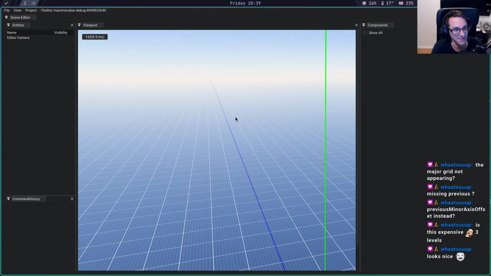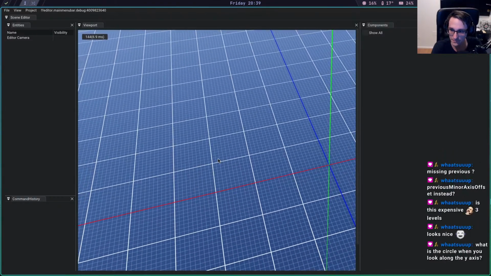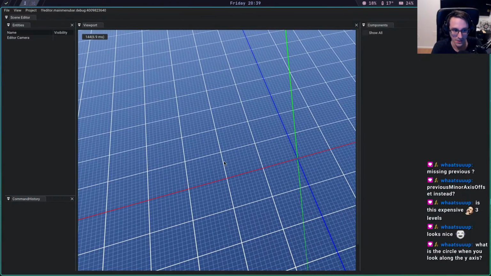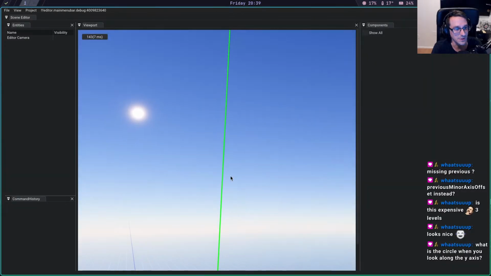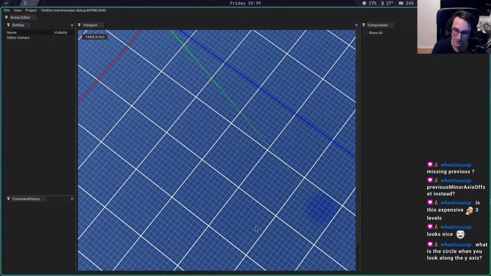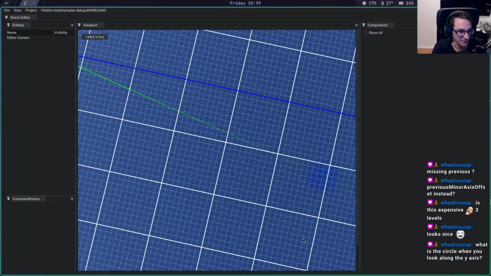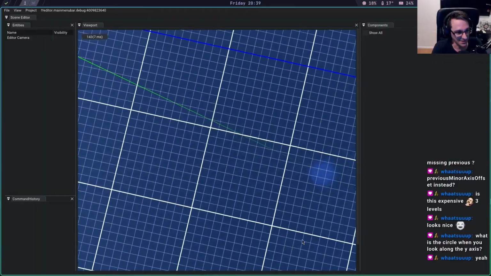The exit lines, basically you can see better that they go into infinity. What is the circle when you look? Ah, you mean this up here? Well, this down there. This bluish one.